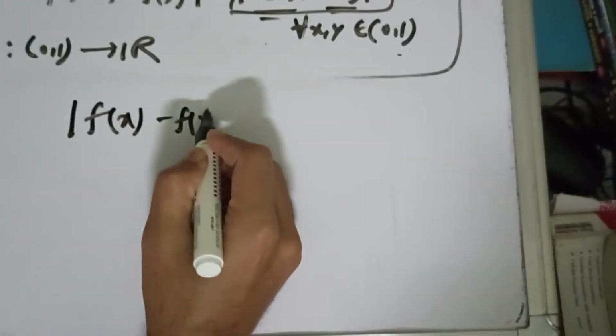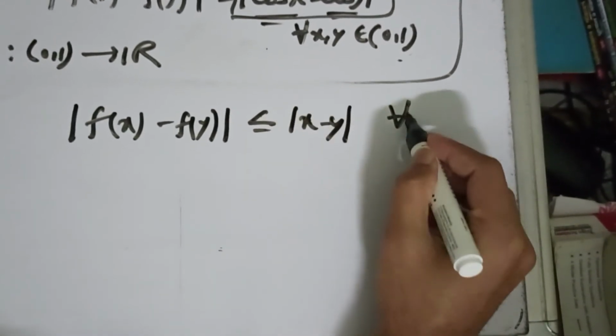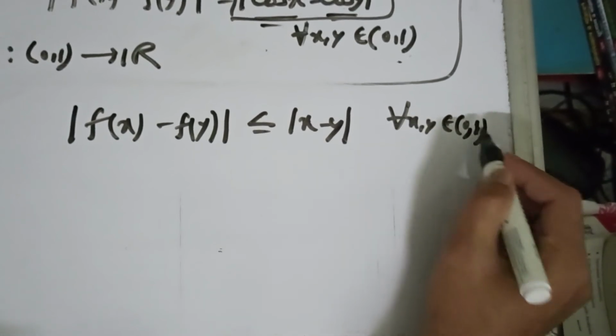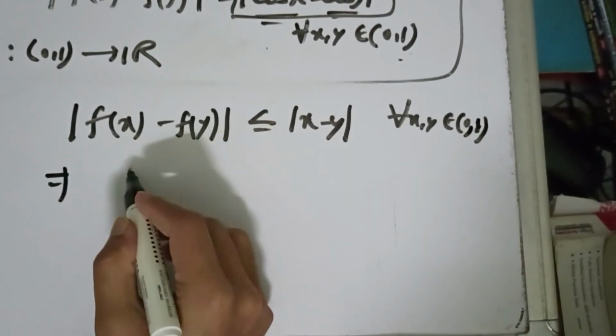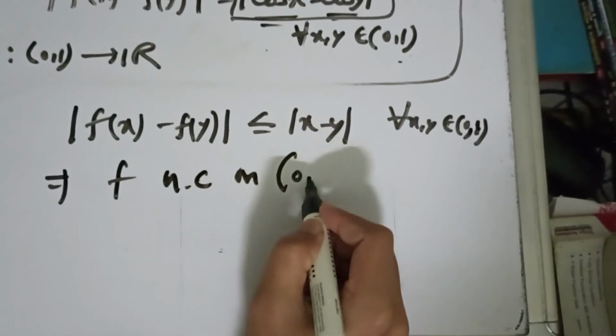We get mod f(x) minus f(y) less than mod x minus y, for x, y belonging to open (0,1).